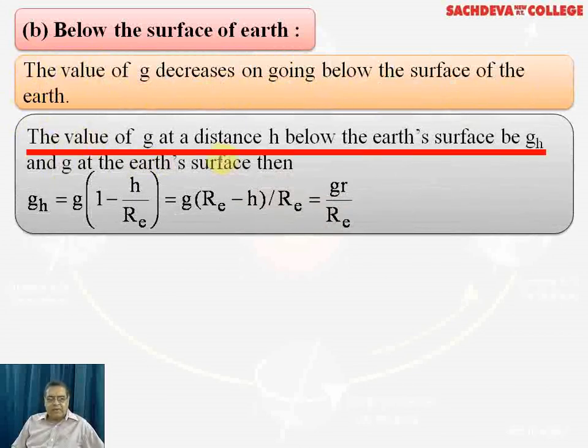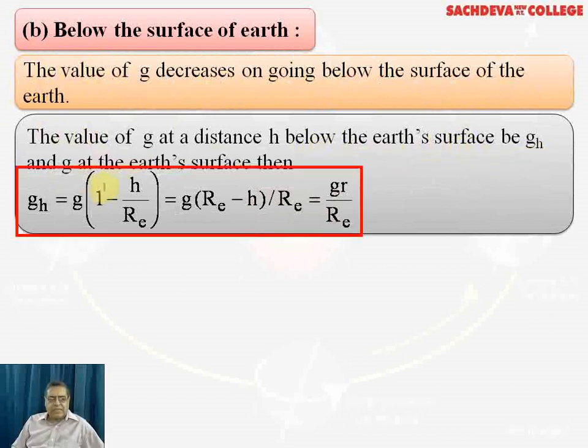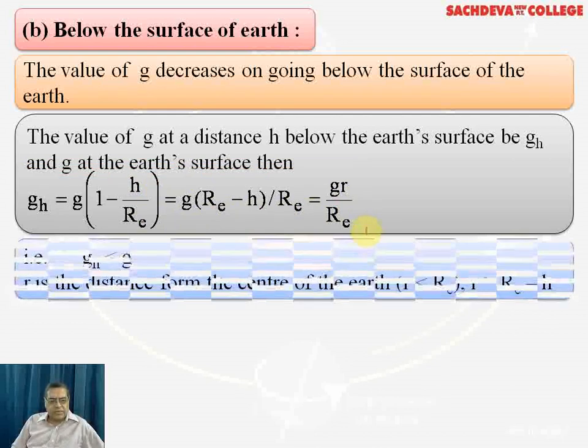The value of G at a distance h below the Earth's surface, let it be Gh, is given as G into 1 minus h over RE, or G into RE minus h divided by RE. So here we have used the binomial theorem to make the calculations.